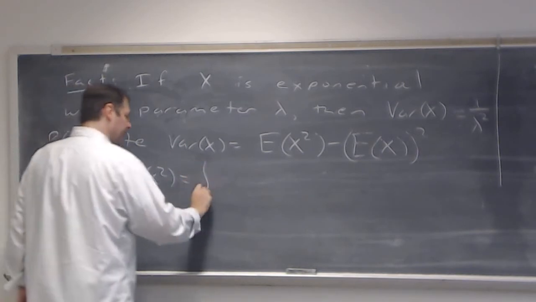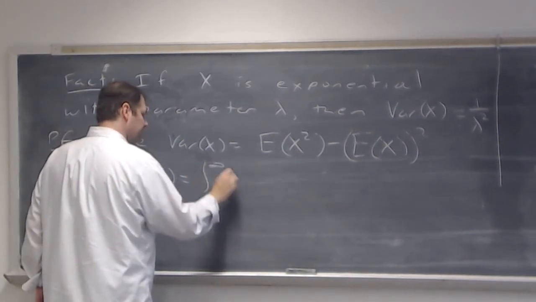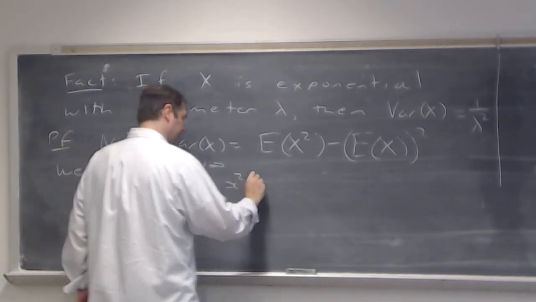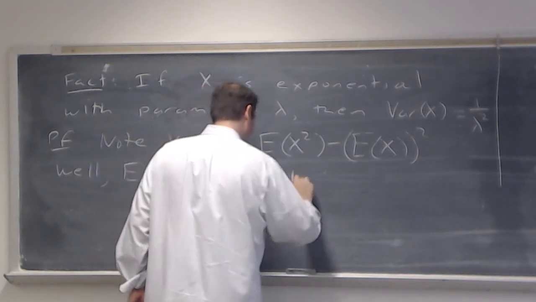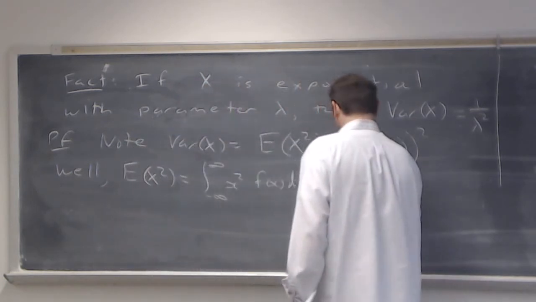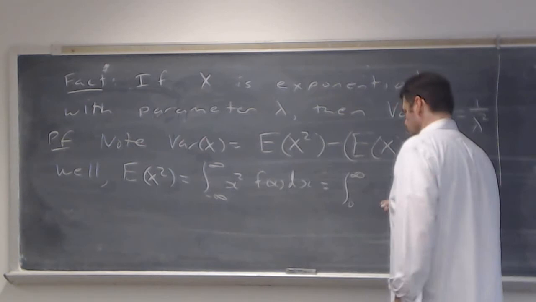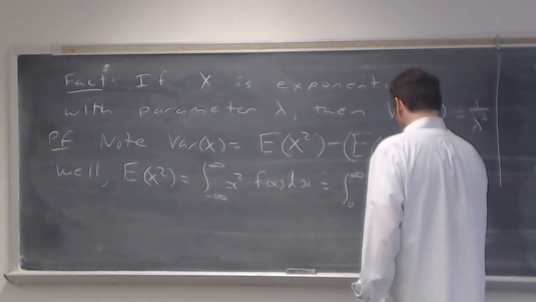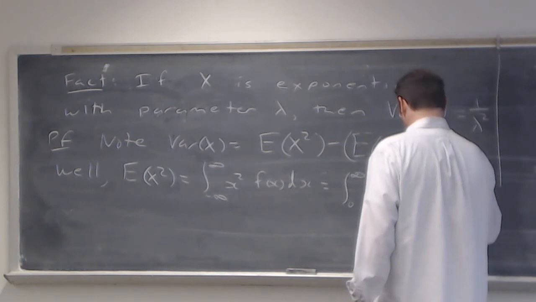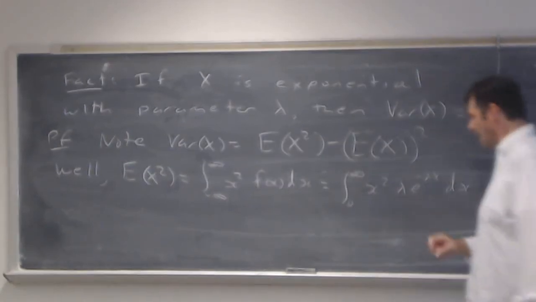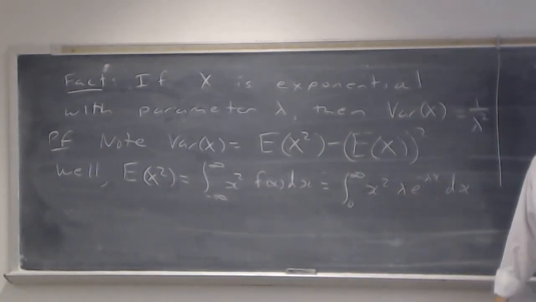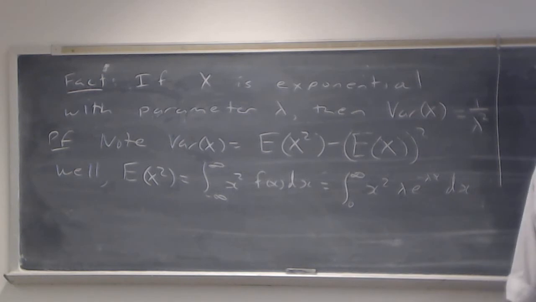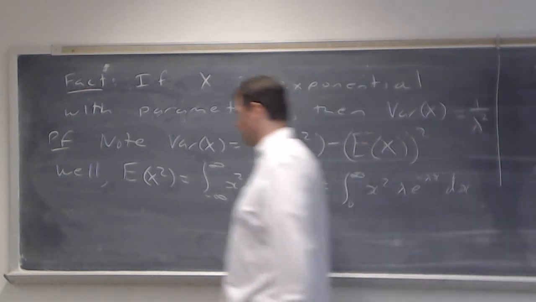Well, it's going to be equal to the integral from minus infinity to infinity of x squared times f of x dx, which in this case is equal to the integral from 0 to infinity of x squared times lambda times e to the minus lambda x dx. And to handle this integral, to get an antiderivative, we're going to have to use integration by parts twice.